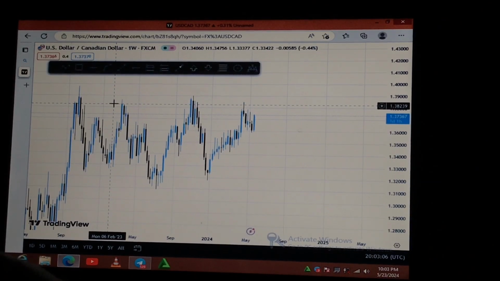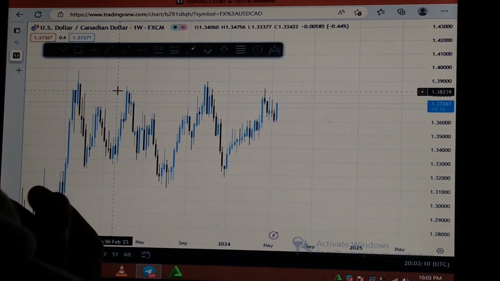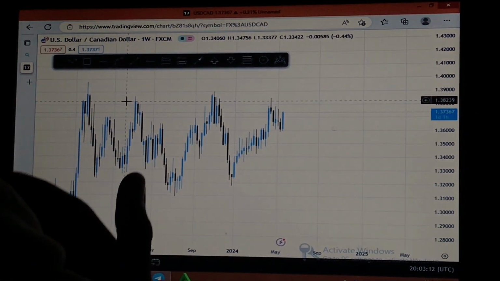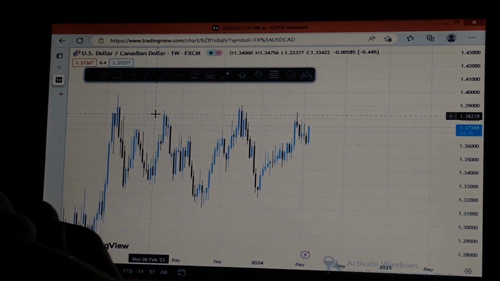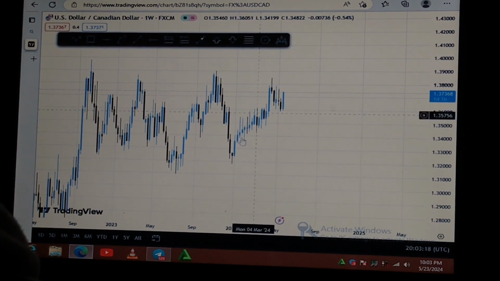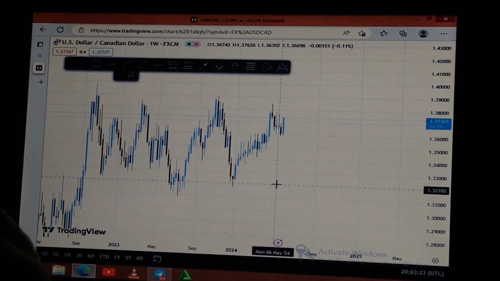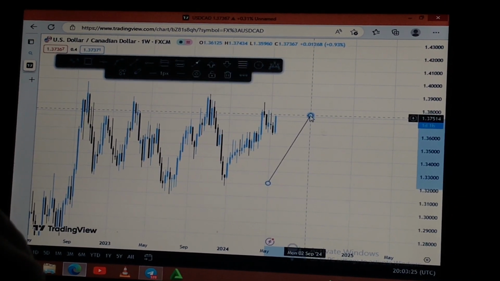If it's a bullish market, you're gonna identify your higher highs, higher lows. If it's bearish, you're gonna identify your lower highs, lower lows. So currently, as you can see, this is very much bullish, basically going up, as you can see.